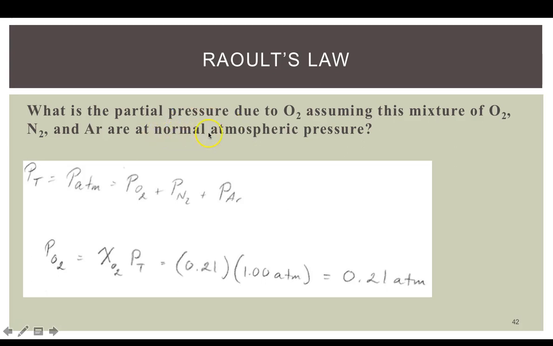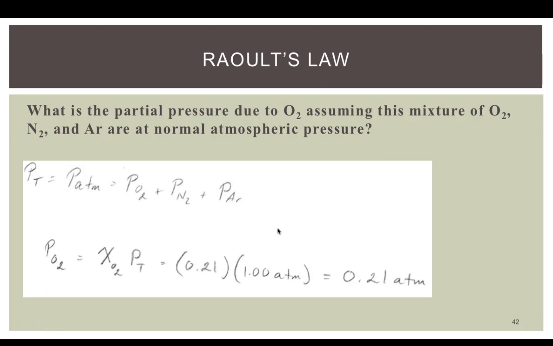Anytime you see normal, especially normal atmospheric pressure, it is talking about 1 atmosphere of pressure. So total pressure has to be 1 atmosphere. That's why I have it written here that total pressure equals atmospheric pressure, which equals the sum of all the partial pressures of O2, N2, and argon.